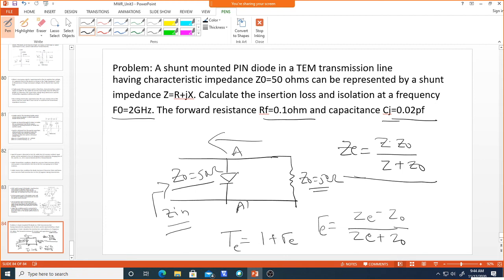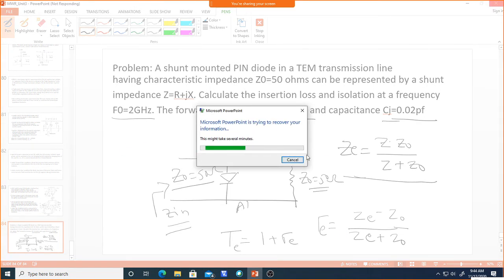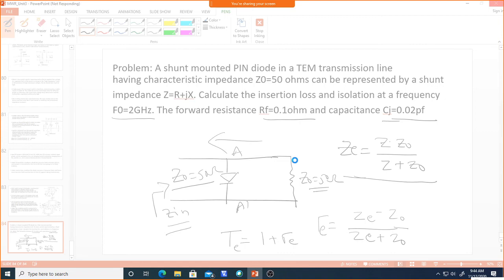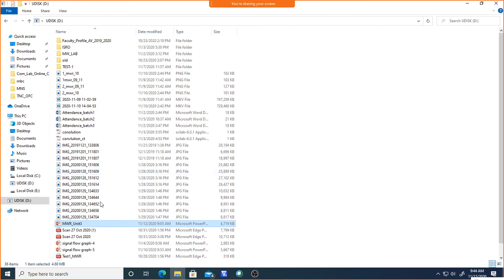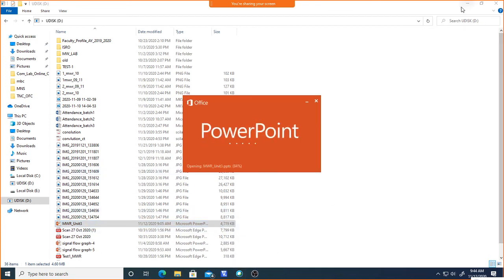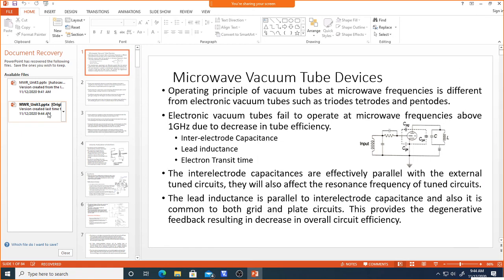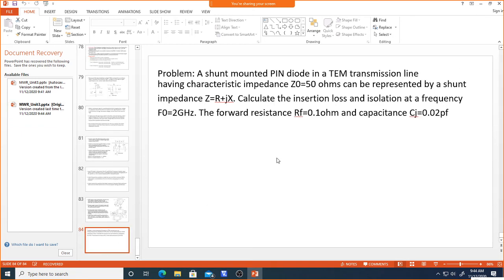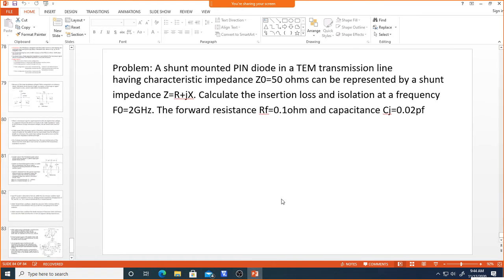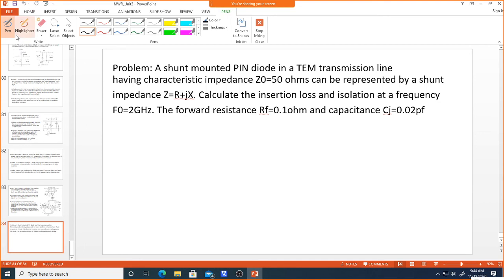So if you calculate this, by using this equation you will get TE, which is equal to 1 plus gamma E, which is equal to 1 plus ZE minus Z0 divided by ZE plus Z0.